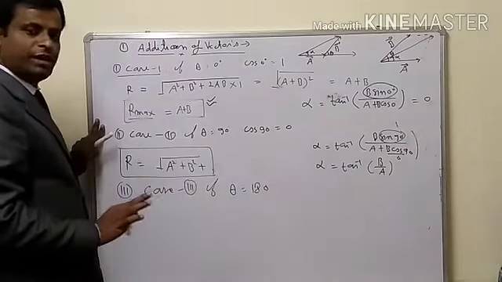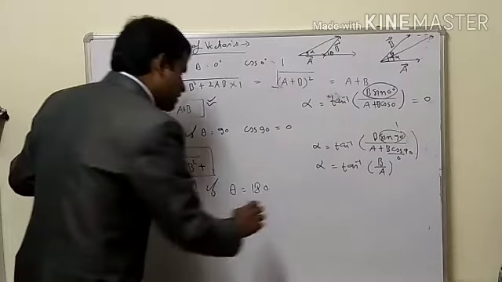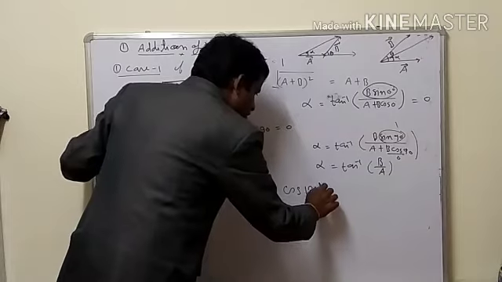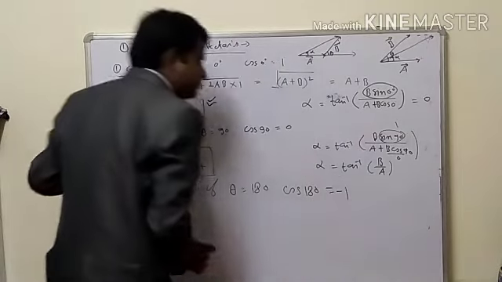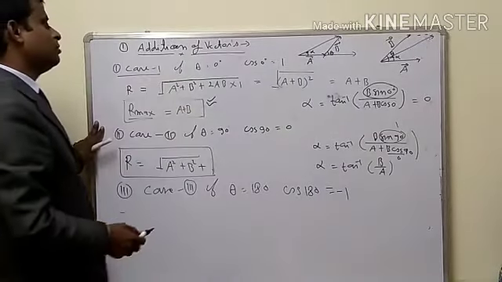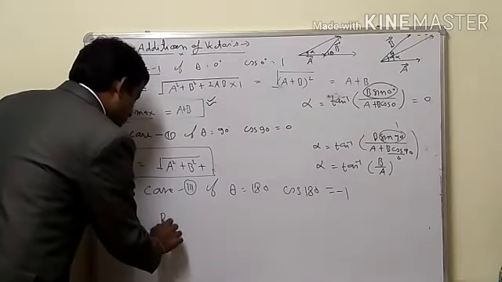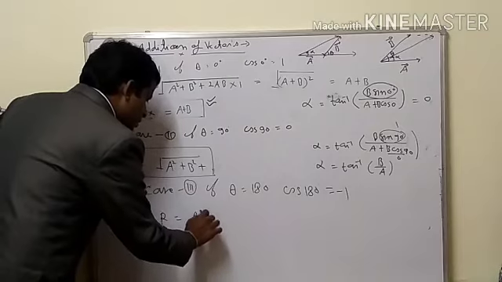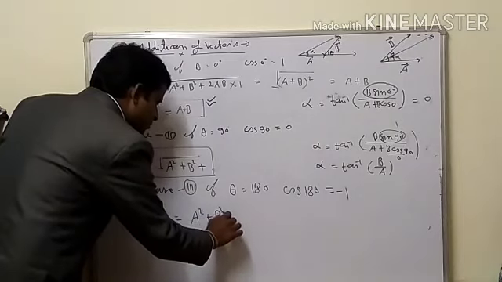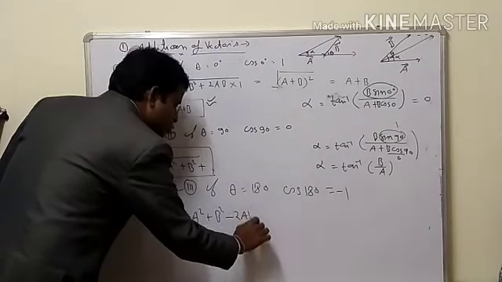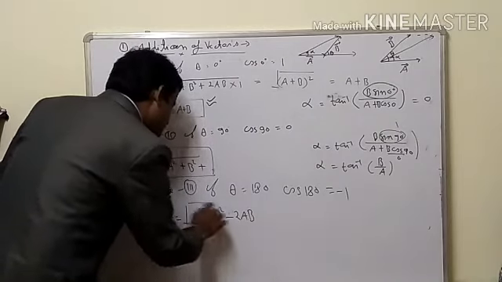If theta is 180, so cos 180 degree is equal to minus 1. We will use this value in the place of 1. So this R will be a square plus b square minus 1 multiplied by 2ab, in negative. So this will be the minimum value.